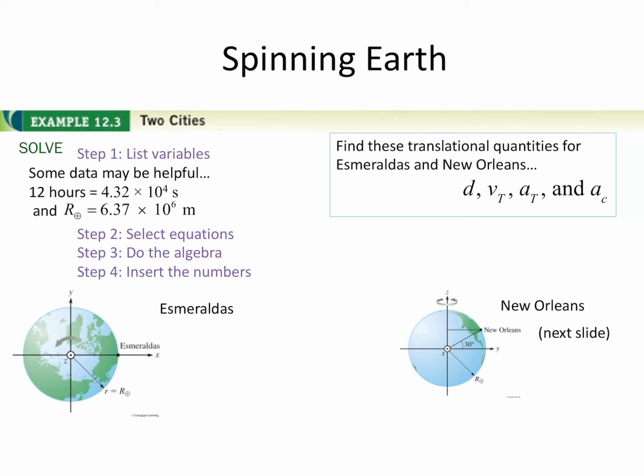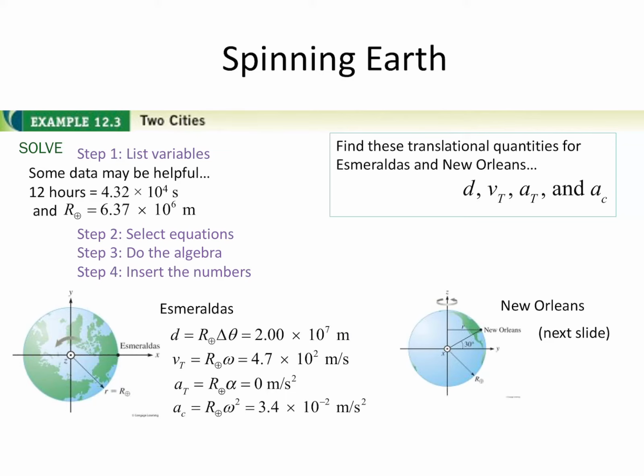Which means we can find out the angular velocity. The angular velocity is 2 pi over 24 hours, right? And after you find the angular velocity, you can use it to find the linear velocity. This problem asks for the translational displacement of those two cities.